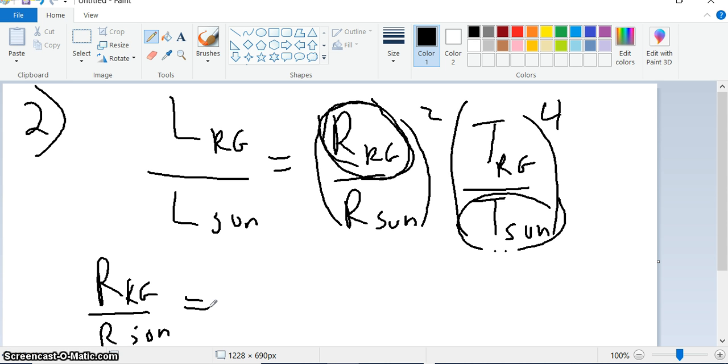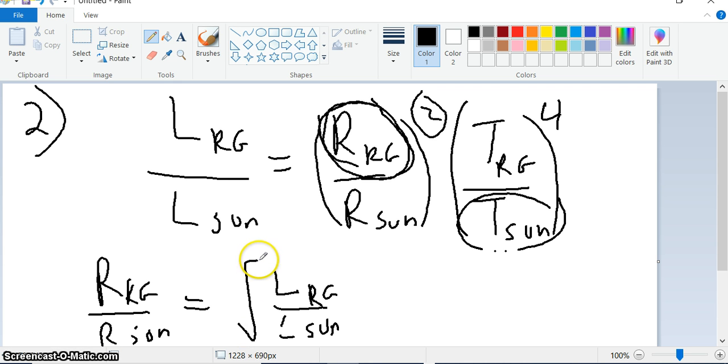That's equal to the luminosity of the red giant divided by the luminosity of our sun, and they give us that value. Remember, since this is squared, we have to take the square root of both sides.